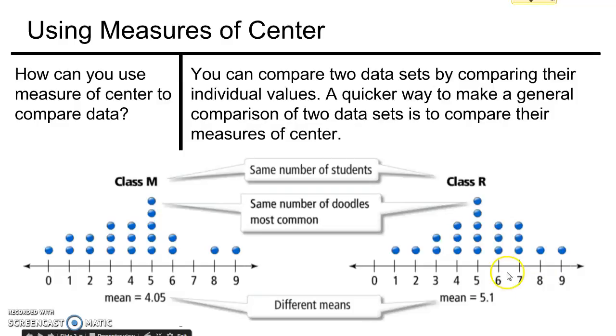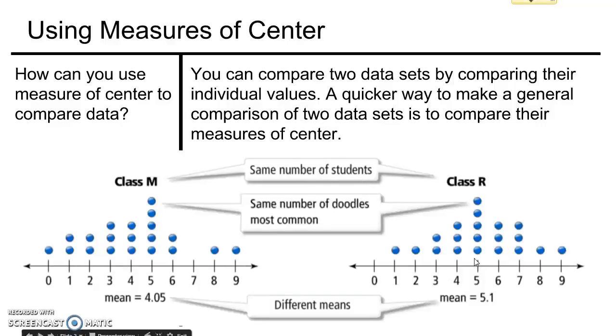And as we look, we see that they both have the same number of doodles most common. So the mode, we didn't define mode, but the mode would be the number that we have the most often, which is 5. We have 5 people that had 5 doodles in each class.